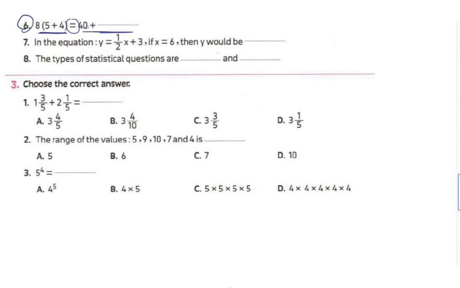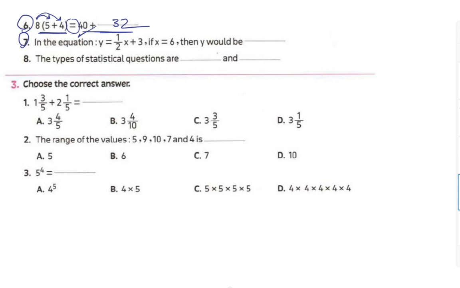We have 40 from 8 by 5, which equals 40. Plus, and now 8 by 4 equals 32.